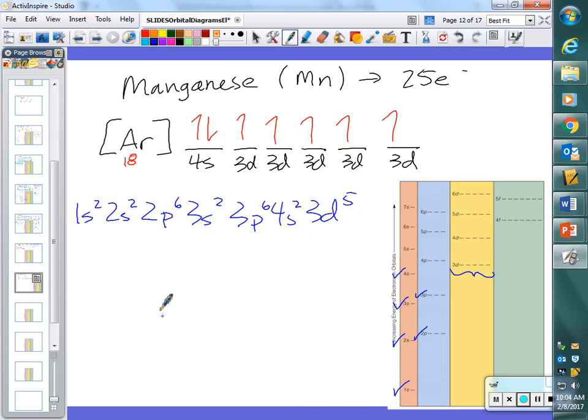That's manganese. Arsenic is 33. Everyone good with manganese? Have you done manganese? Check manganese up on the board. Either one of those counts.